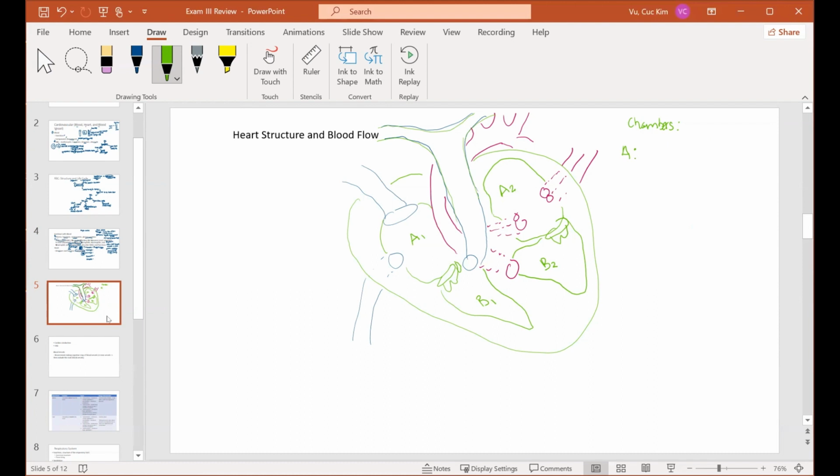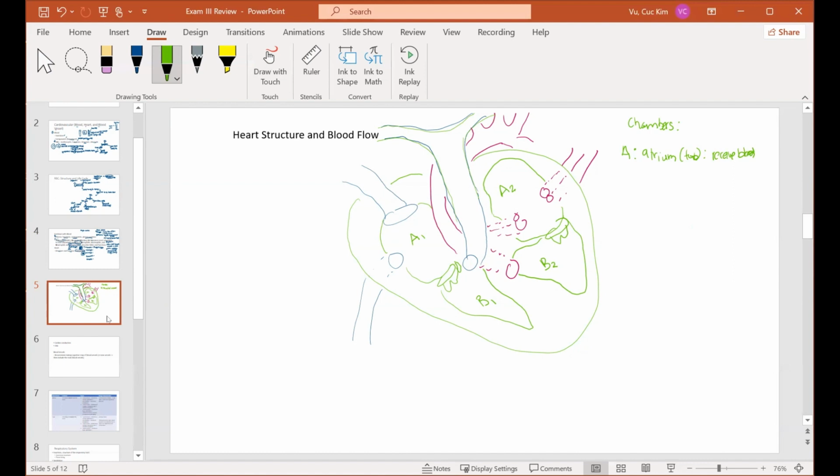I have the atriums, which are the ones on the top, and their function is to receive blood. Okay? And they're going to receive the blood.